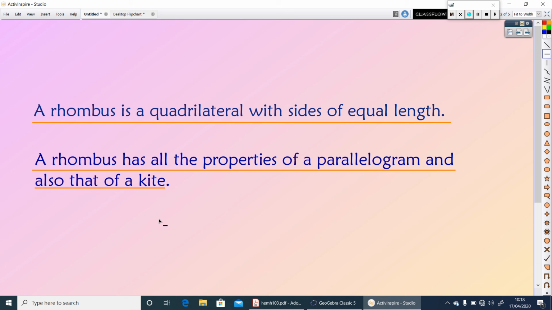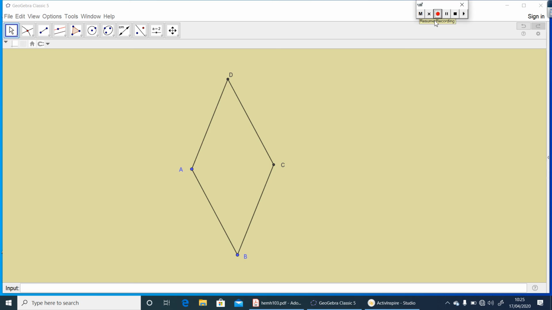Now let us see some properties of a rhombus. We have a rhombus ABCD. Now let me draw its diagonals. Here AC and DB are the diagonals of this rhombus. Now let me measure the lengths AG and GC, similarly GD and GB.